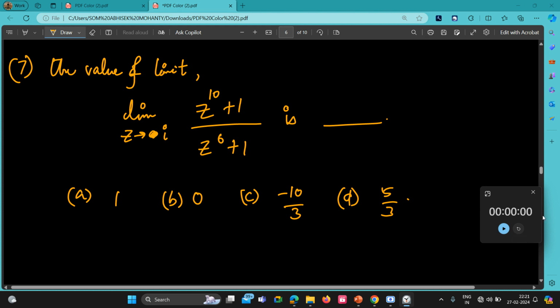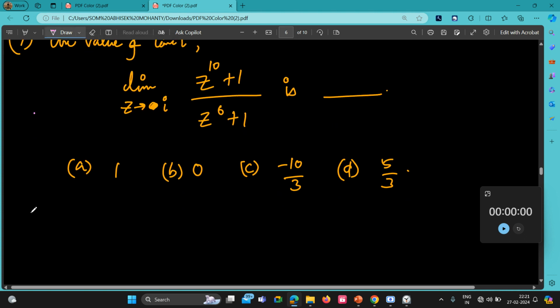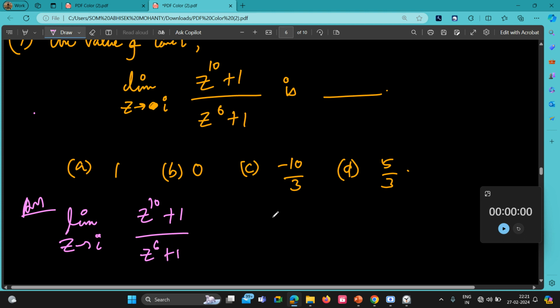So here, again very easy basic type question. Limit z tends to i, z to the power 10 plus 1 divided by z to the power 6 plus 1. If I put the value i here, i to the power 10 is what? i to the power 8 into i to the power 2, I can write like that. i to the power 8 is i to the power 4 square, that is 1.